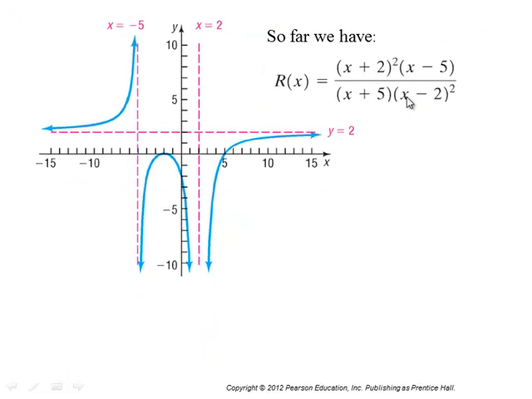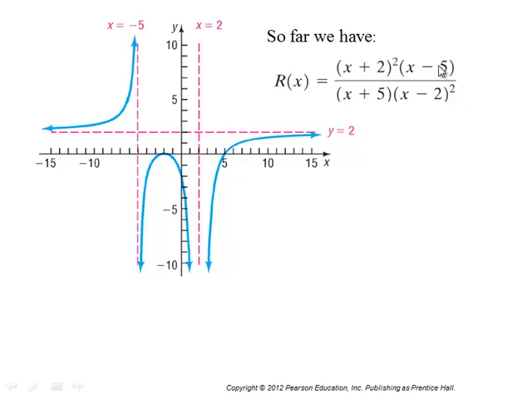So far this is what we have for a rational function based on the intercepts for the numerator and the vertical asymptotes for the denominator. A couple other things that we need to look at. We have a y-intercept of -2, and we also have a horizontal asymptote of 2.